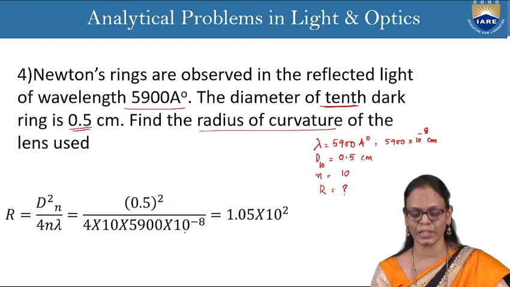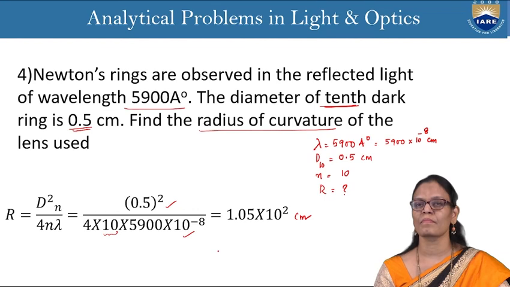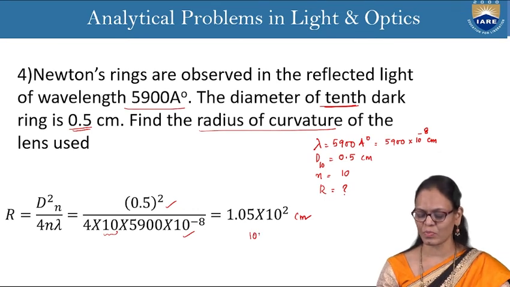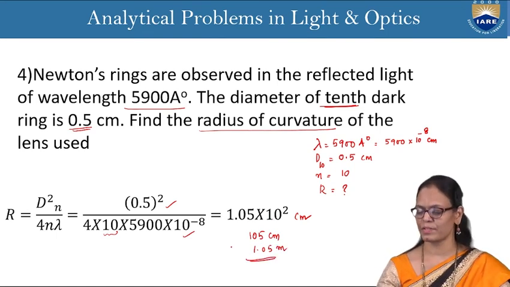Just substitute here for lambda and for dn, and the nth ring is the 10th ring. So substitute, you get the answer in centimeter. You can as well write it as 105 centimeter or 1.05 meter. Anyway you can express it.